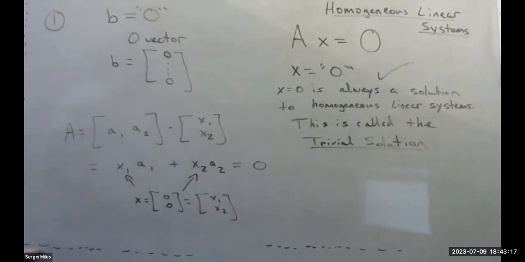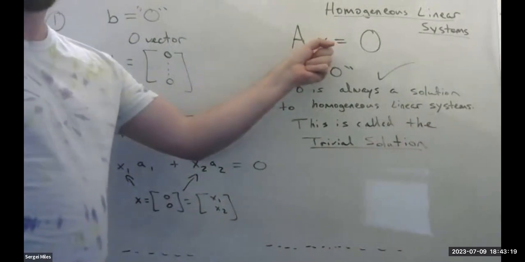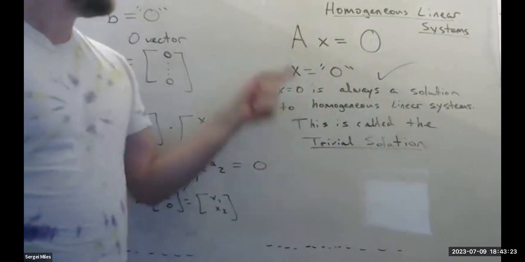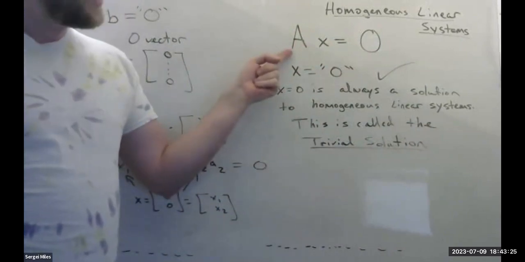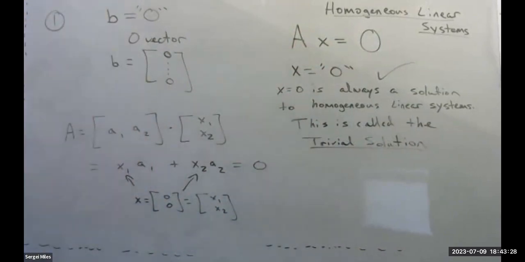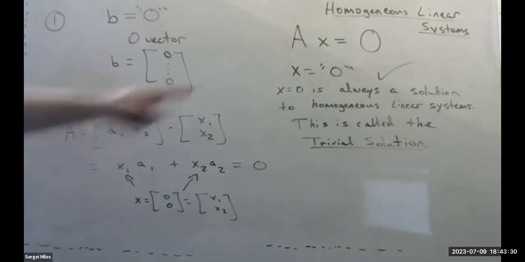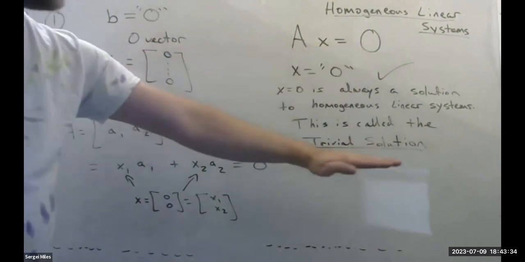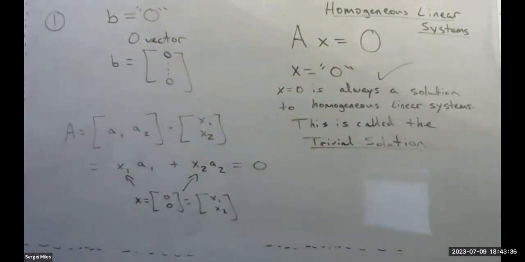Because it's always a solution. If you make x 0, a matrix times a 0 vector is going to be 0, always. It doesn't matter what this matrix A is. It doesn't matter what our equations are. If I just multiply each column by zeros, I'm going to get 0. So this is a trivial solution because it is always a solution.